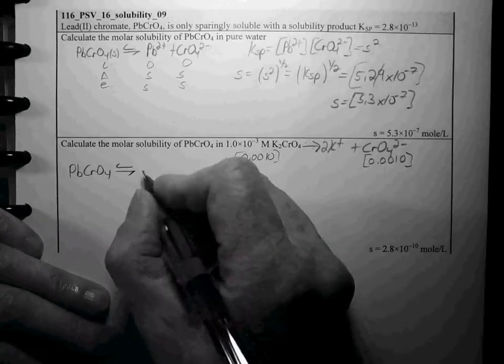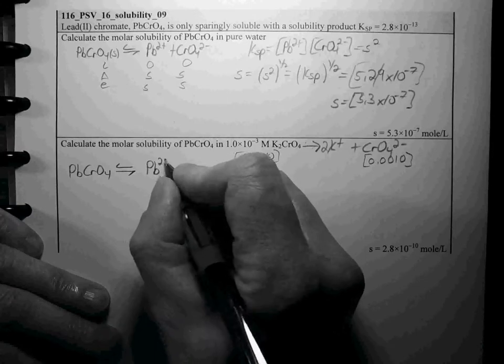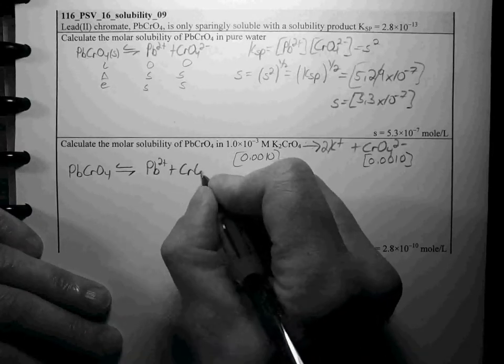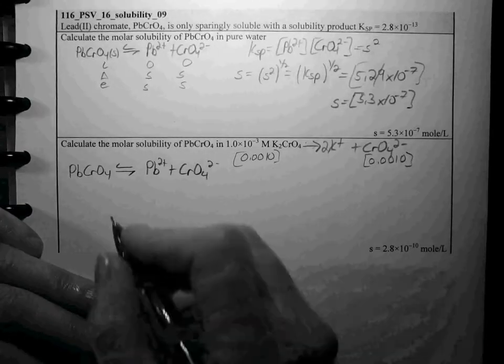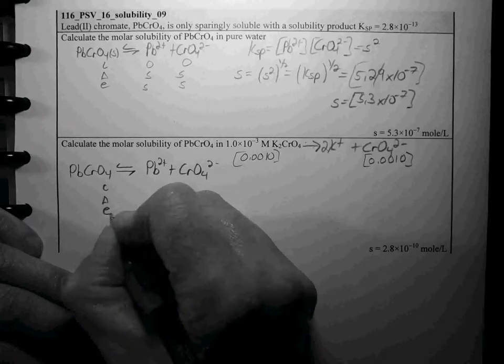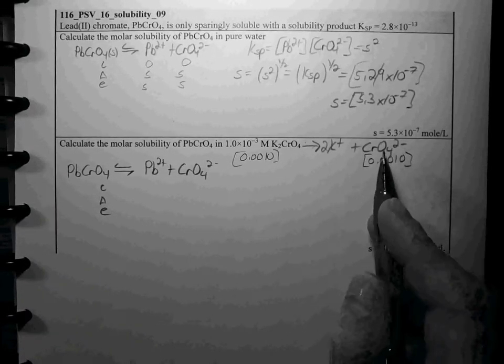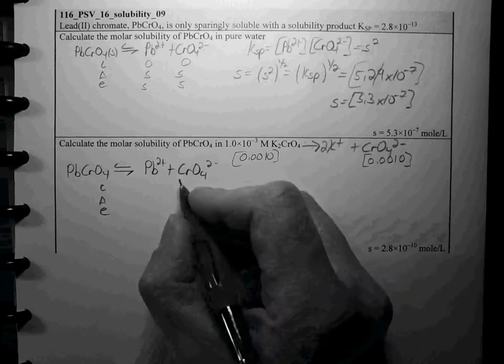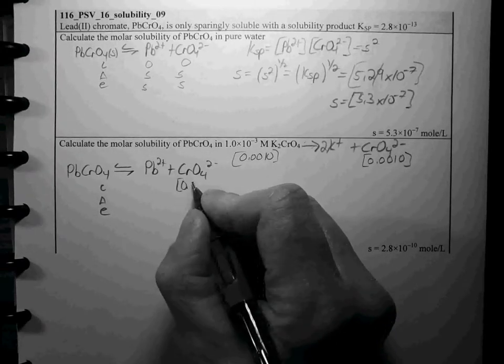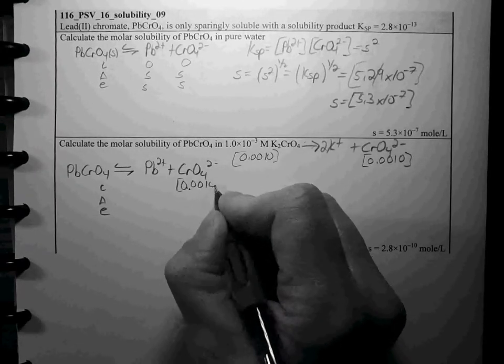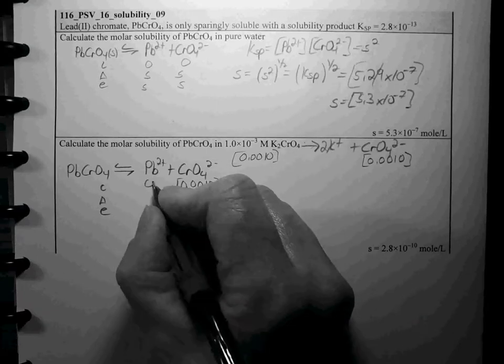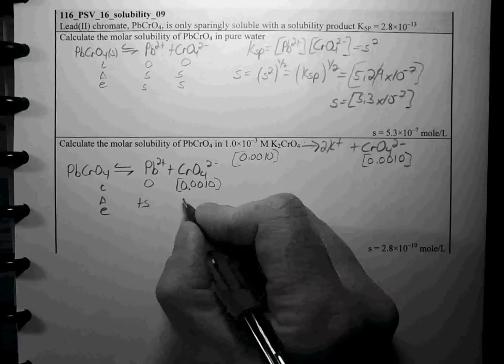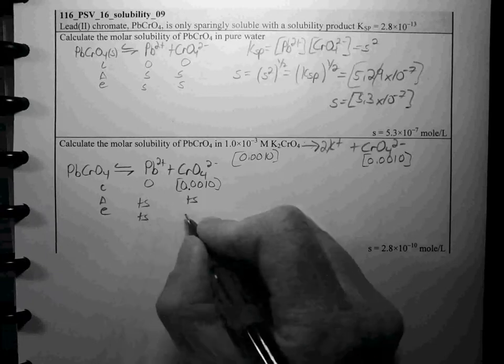Now when we construct the ice table with a common ion, everything is the same except for the fact that we have an initial concentration. Here we have initial concentration of chromate. And lead, we gain S and S of each.